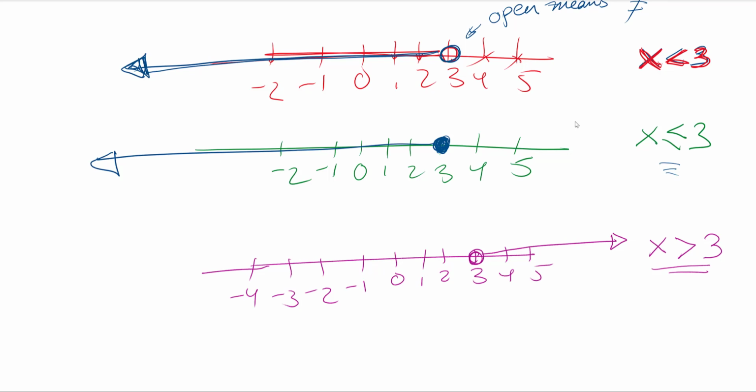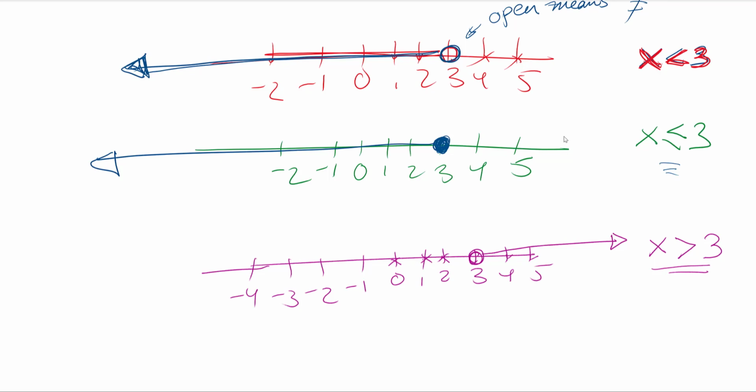And again, this is because 4 is okay, 5 is okay, they're larger than 3, but 2, 1, 0 are not okay. These are not numbers that satisfy this inequality. We're looking to graph the x's that satisfy this inequality.